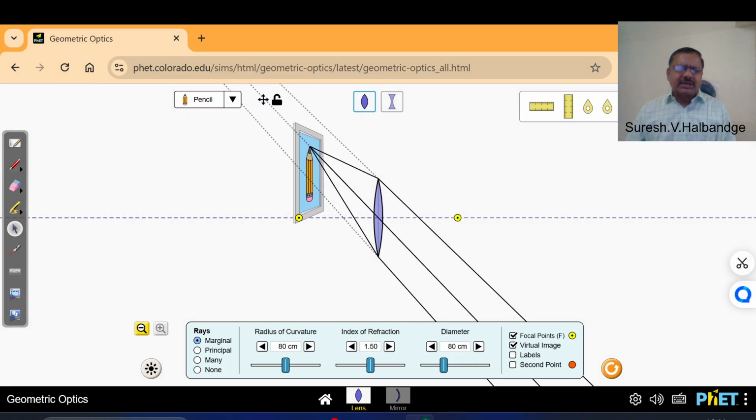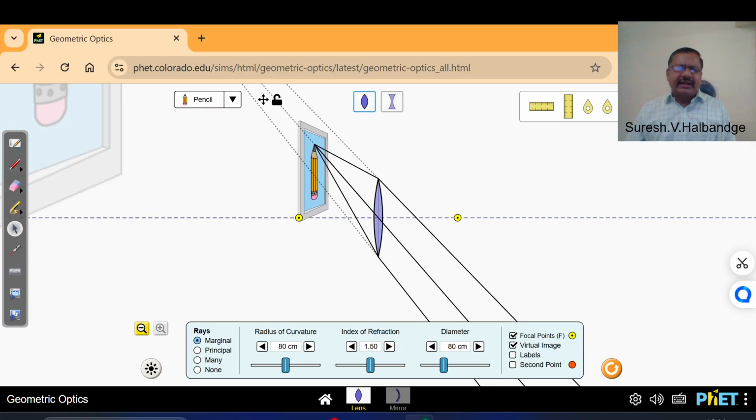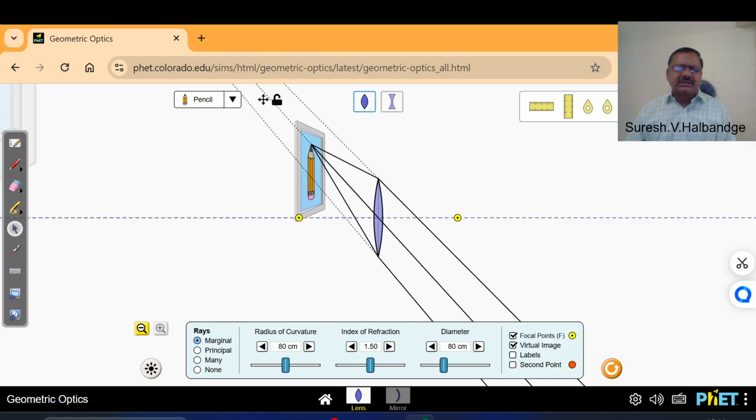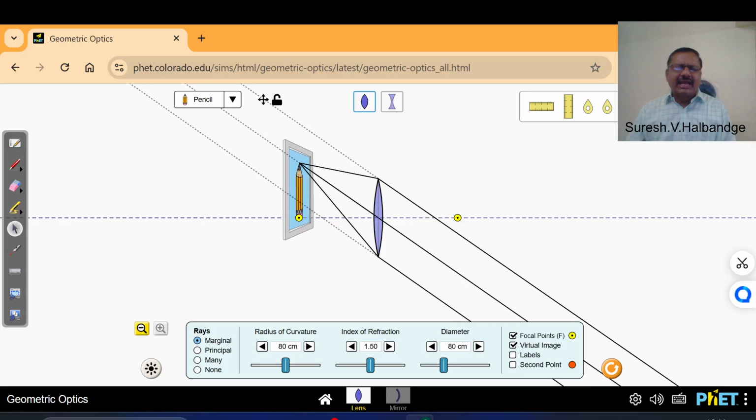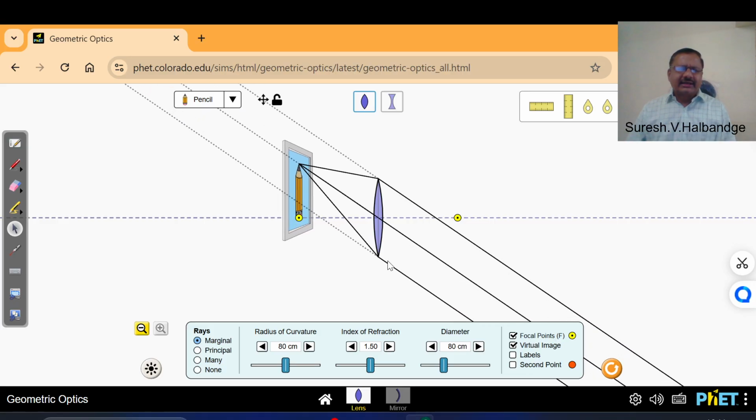We can keep it on, say, principal focus. If the object is kept on the principal focus, we find that the image formed is at infinity.